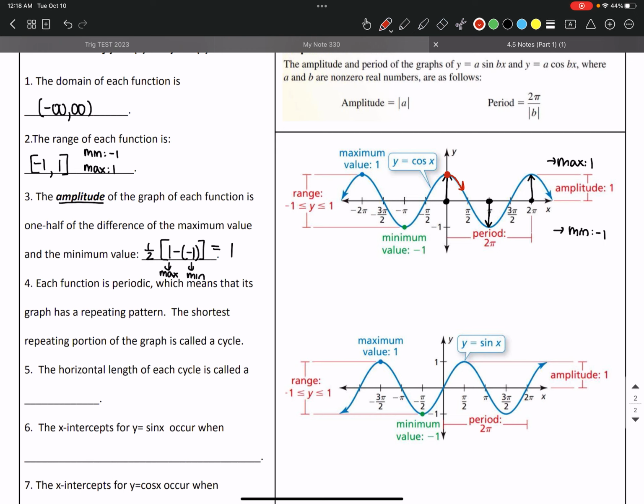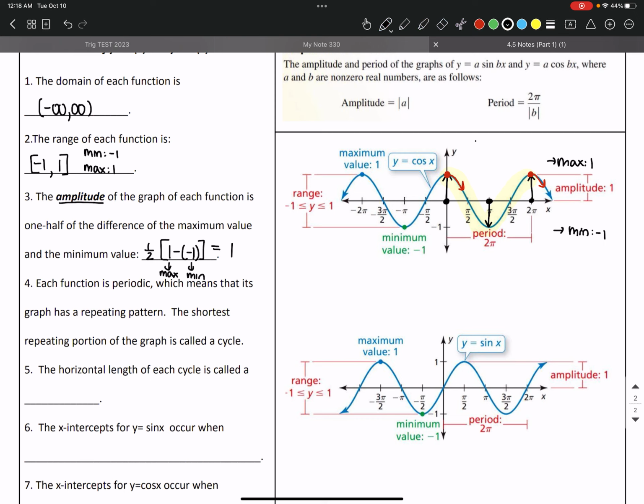Because I can tell that there is something repeating over and over, and I want to see what shape that is. So I'm going to look, where's the next maximum where I'm going down, and where I see that next is at 2 pi. So the pattern that's going to be repeating itself for cosine over and over is this shape here. That's where I start repeating the pattern again.